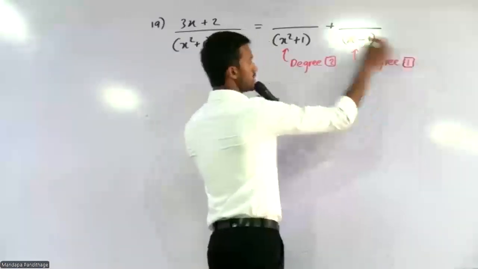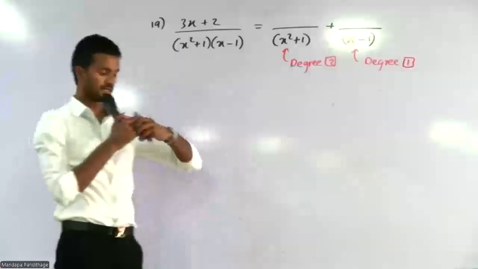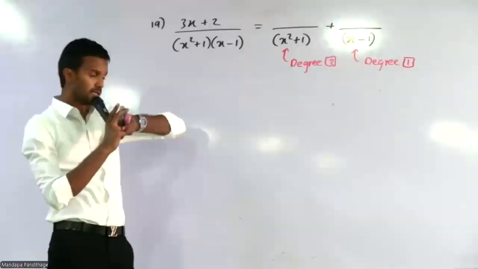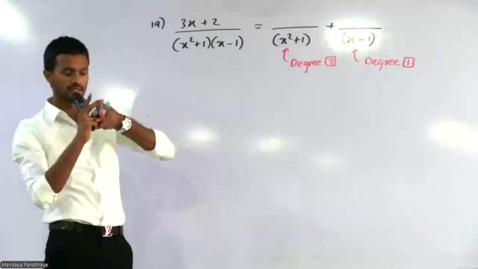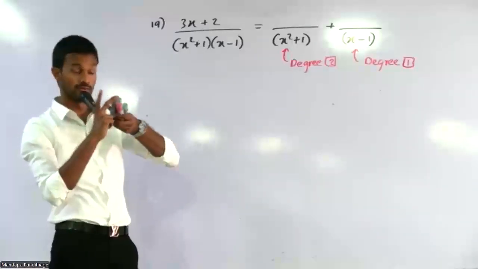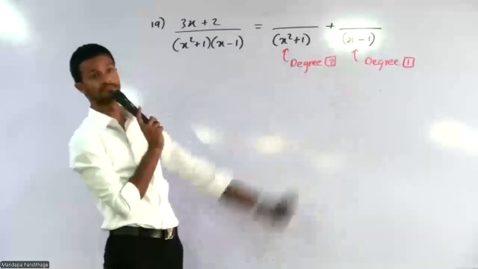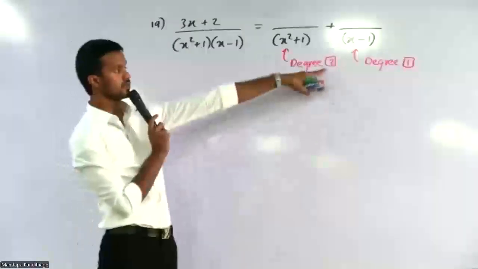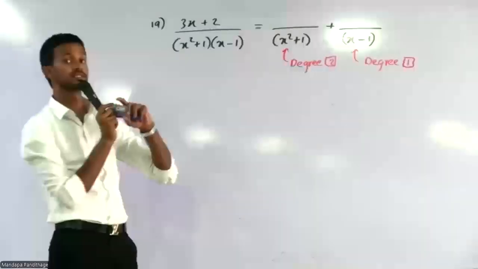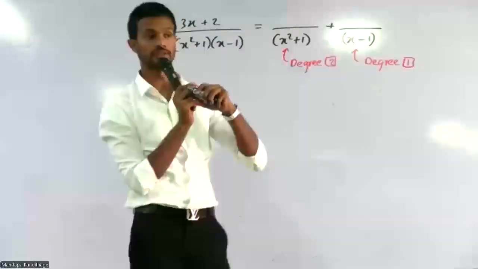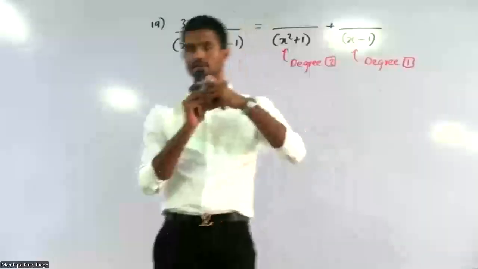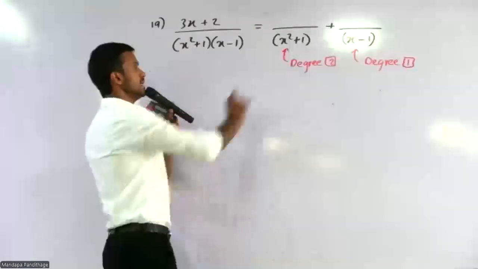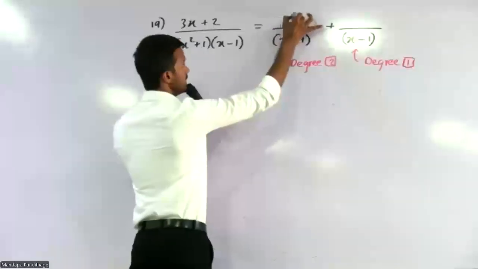When the degree is 2, the numerator should be a polynomial where the degree is 1 less than the denominator's degree. So the degree should be 1. The general first degree polynomial is ax plus b. So here your numerator should be ax plus b.